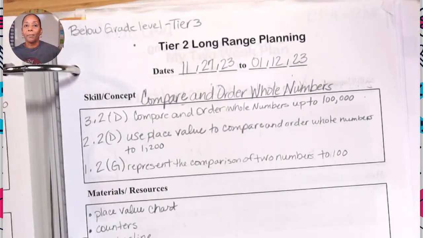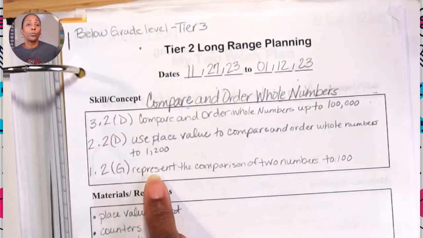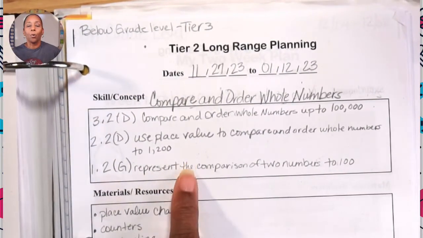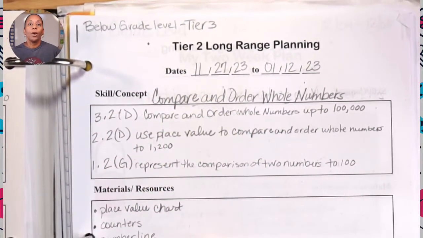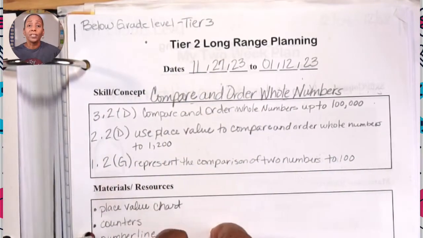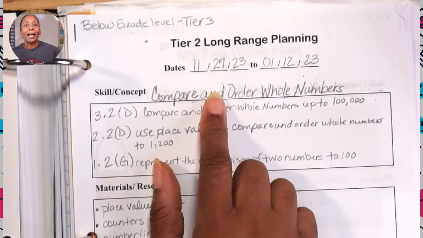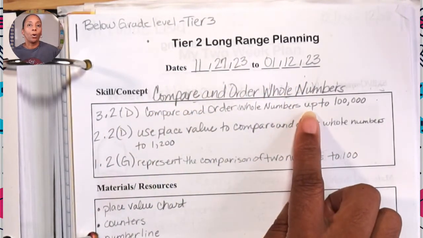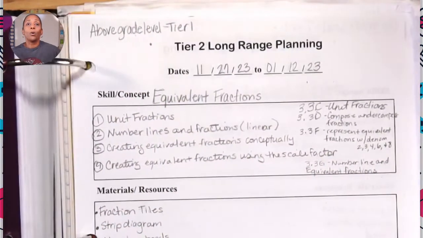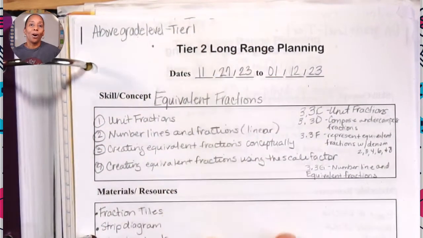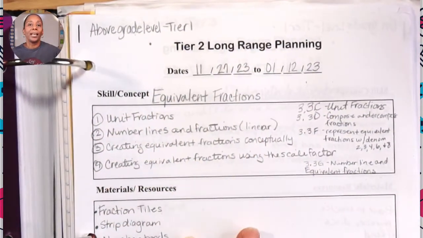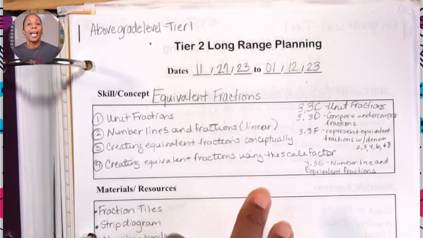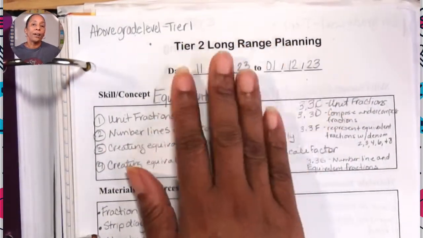Then I had my tier 3 kids, which were above grade level. They also went to another teacher for tier 3, but I still service them in my groups. So that was comparing order numbers. So that's a way for you all to understand what a long range plan is. If you plan it at the beginning, you won't have to revisit it.